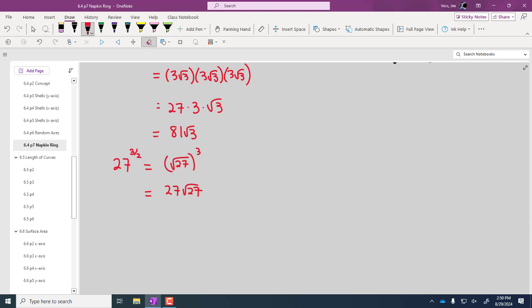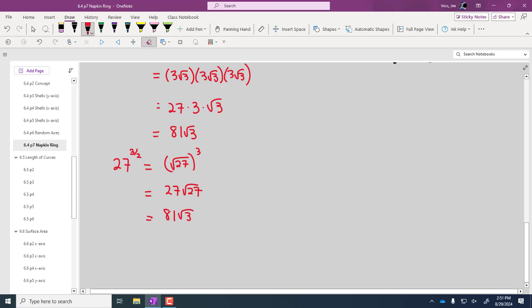Like if you take the square root of 5 and cube it, you'll get 5 root 5. If you take the square root of 2 and cube it, you get 2 root 2. Because you're taking root 27, multiplied by itself 3 times. Well, 2 of them multiplied together give you that. And then we simplify this. That's 3 root 3, and 3 times 27. So we're going to get that.